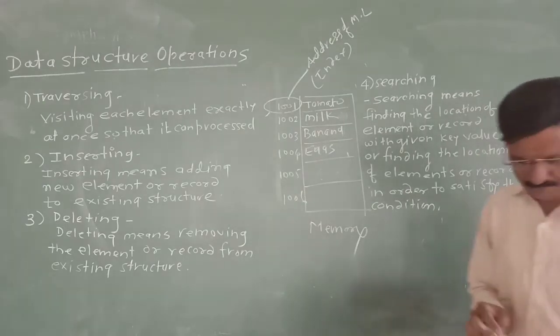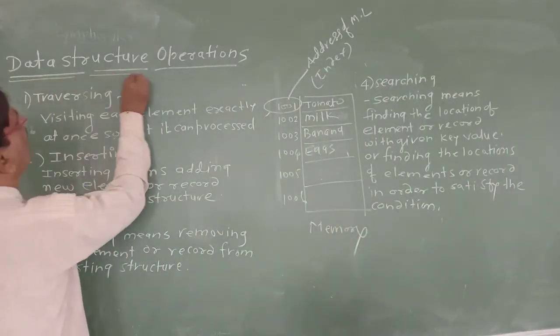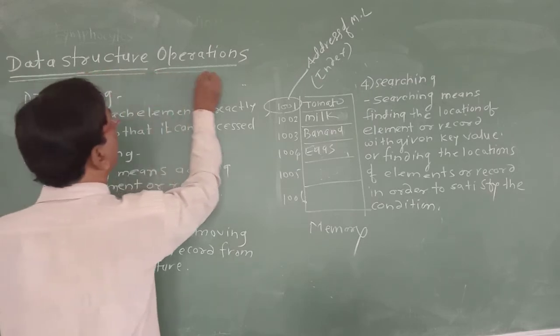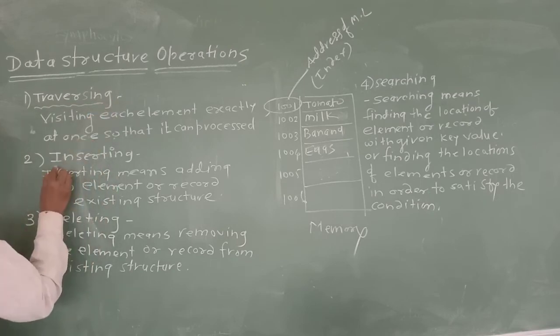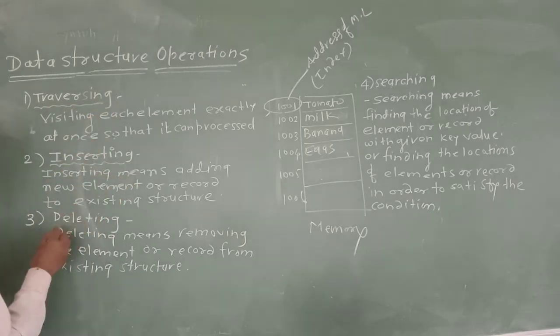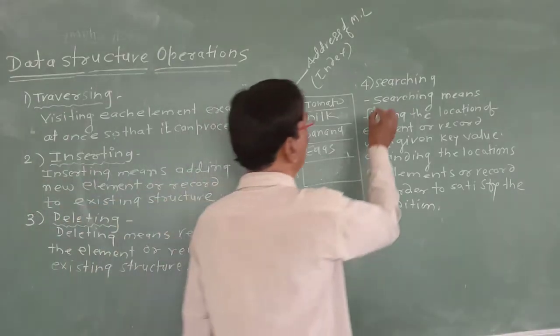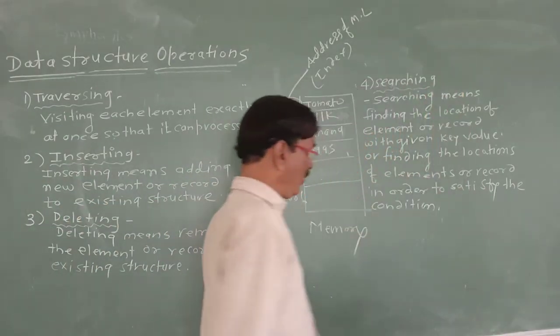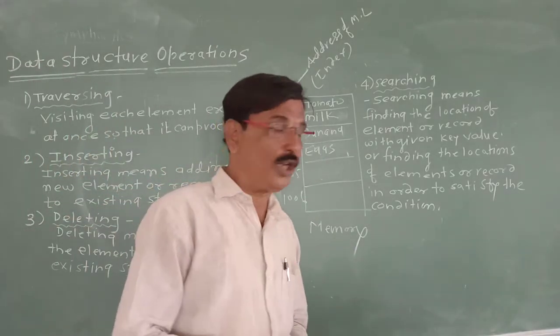So see, data structure operations. Operation number 1, traversing. Operation number 2, inserting. Operation number 3, deleting. Operation number 4, searching. Apart from this, there is one more operation, that is sorting.